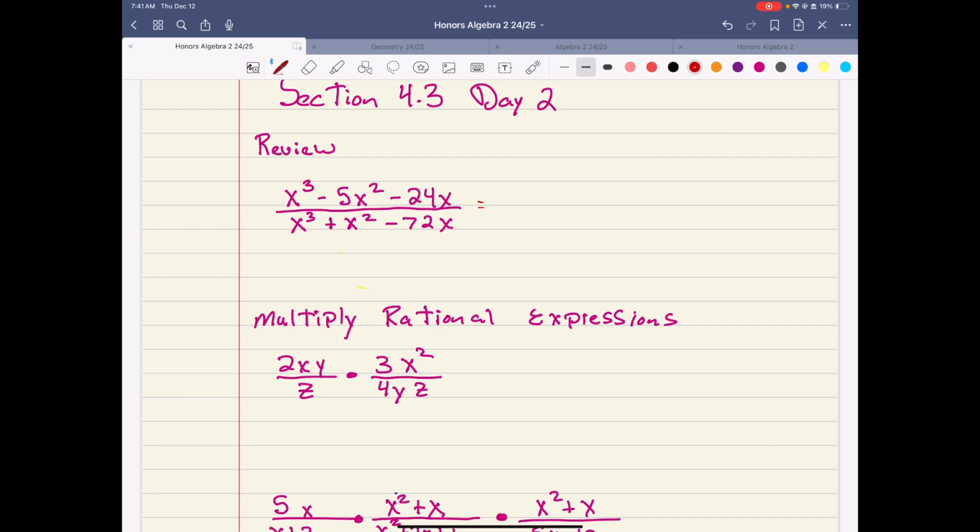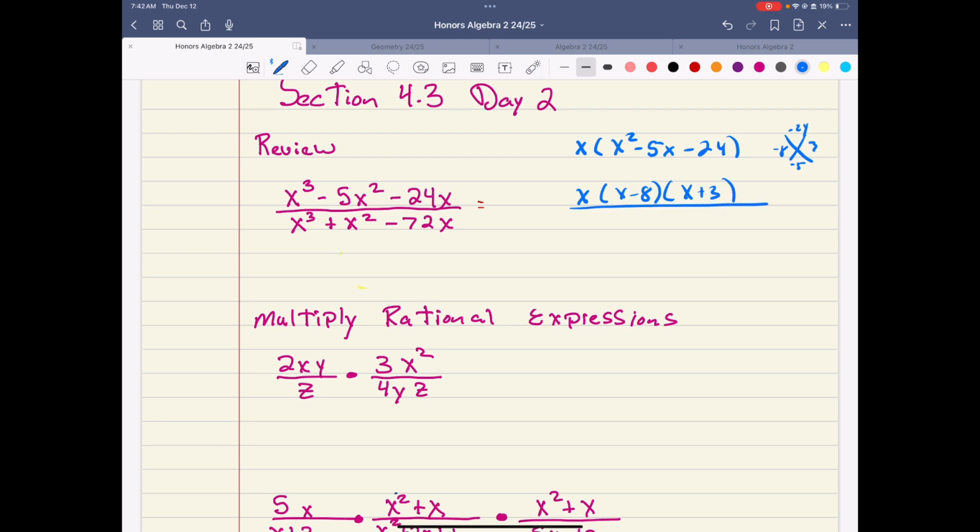I'm going to start at the top. We factor out an x, which gives me x squared minus 5x minus 24. If I use the x method, negative 24 and negative 5, that's got to be negative 8 and 3. So that's x minus 8, x plus 3.